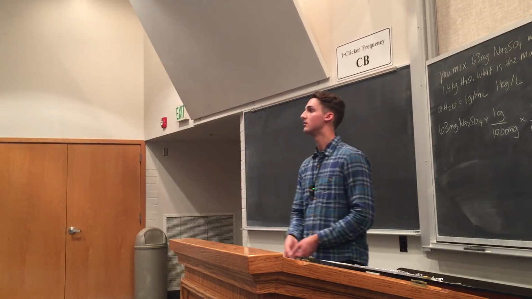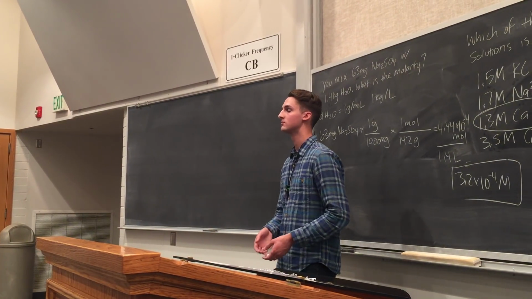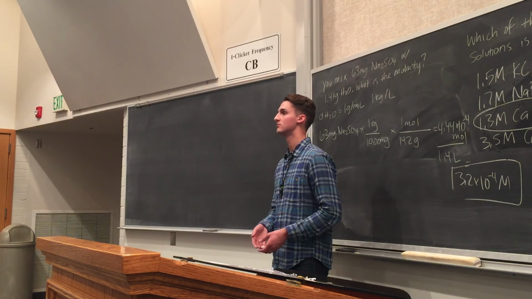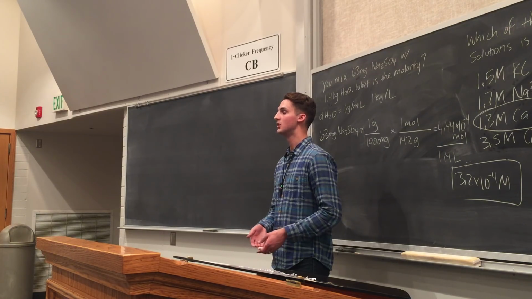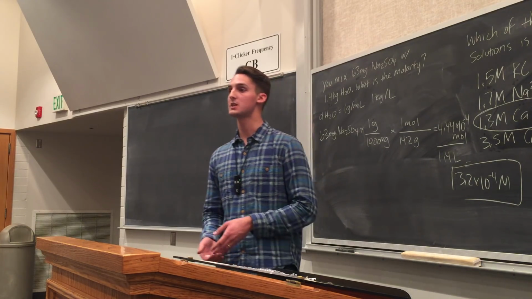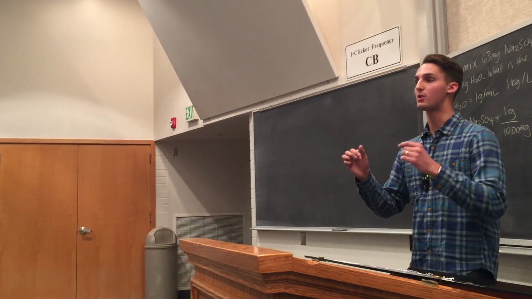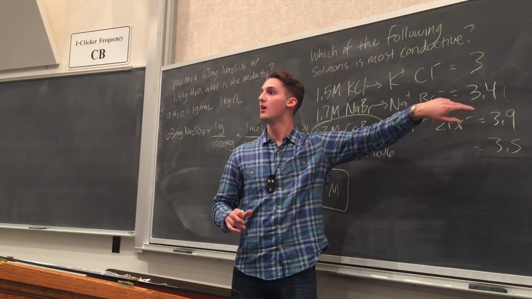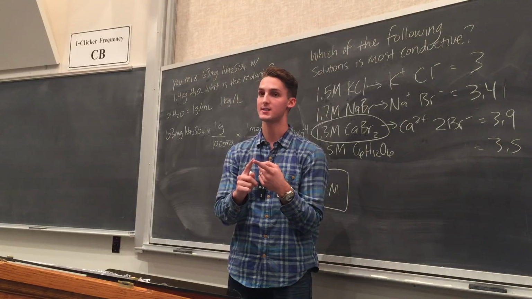Yeah? Does a greater charge give a stronger electrolyte? So like for example, if NaBr gave us 3.9 moles of ions compared to the calcium bromide, because the calcium is a 2+ charge, does that make a difference? Yes. So if you're doing these problems, and I'm not sure if it's going to get this complicated, but if you get to the point where you get the same number out here, then what you want to look for is the charge that's there.